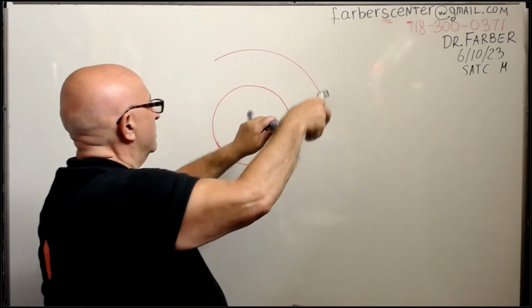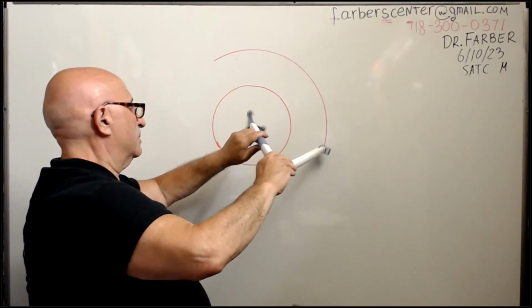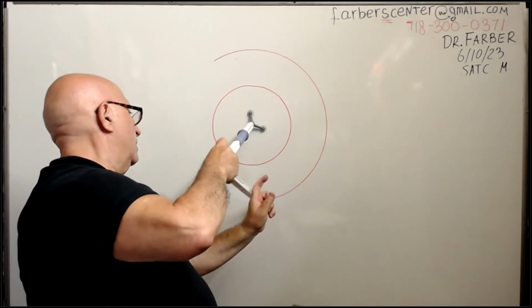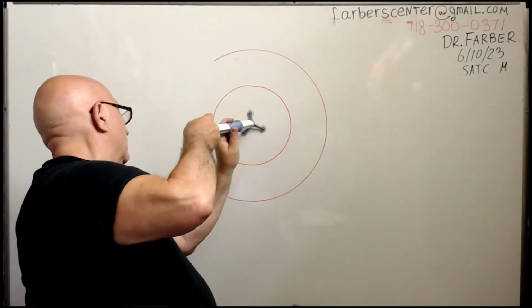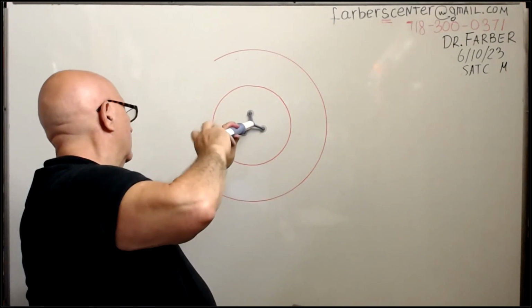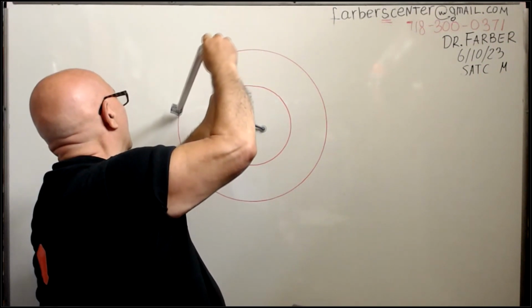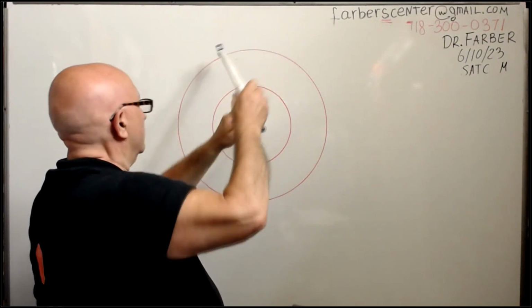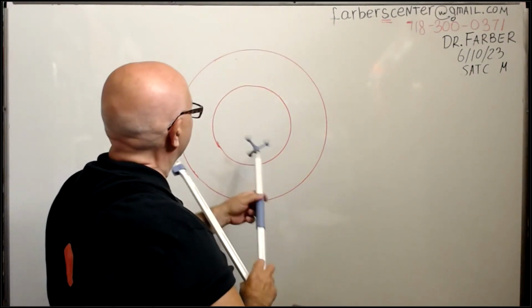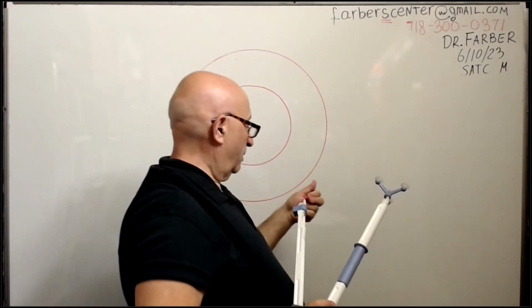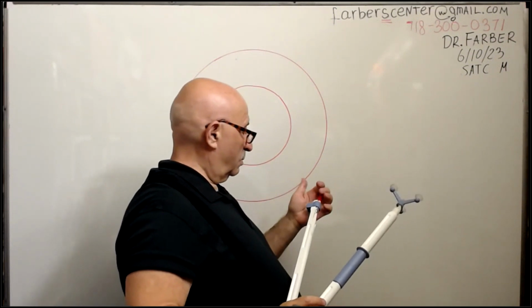And the other one. This compass is bigger, easy to draw. Good. Pretend you have two concentric circles.